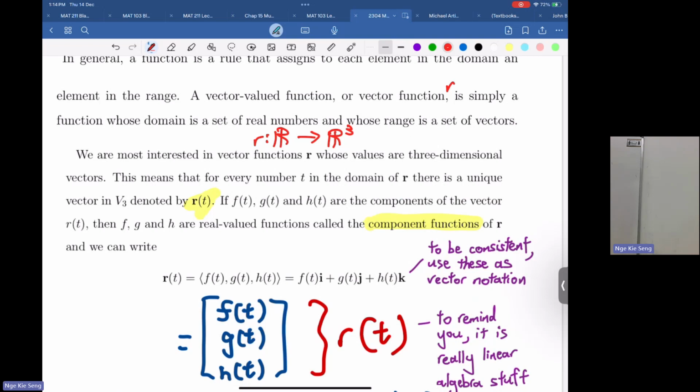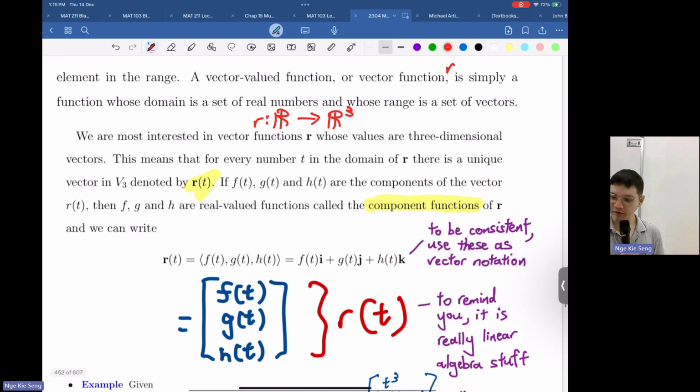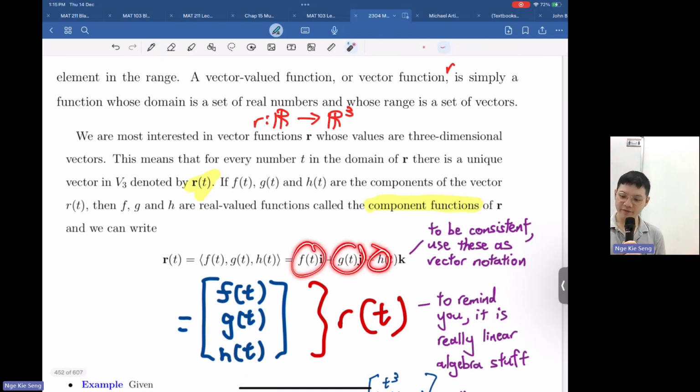Maybe you say, I'm at A4. Which floor? Second floor. You need to tell me which height. You cannot just tell me A4, because A4 has so many floors. You need to tell me A4 and then which floor. Make sense or not? So if going to R3, you have 3 variables X, Y, Z, and each of them is a function of t.